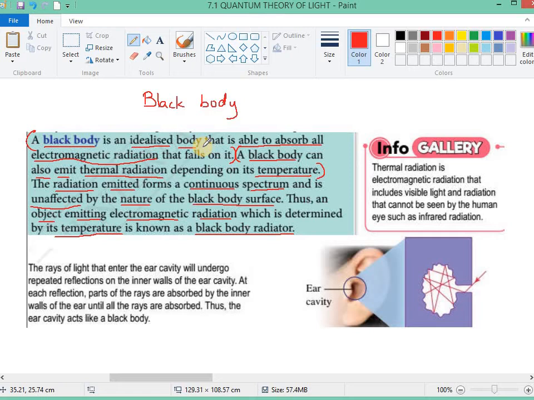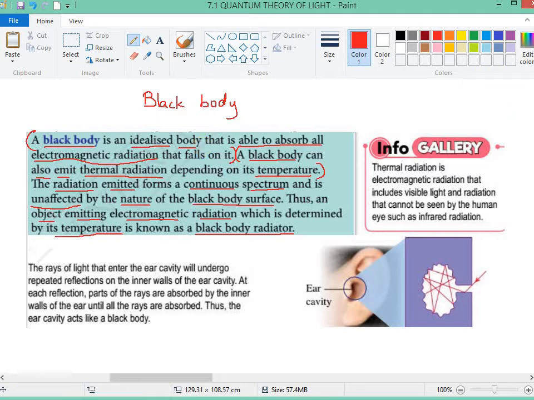That means in real life there is no black body, but we have objects that have a characteristic that is almost like a black body. You don't have a perfect object that is exactly like a black body.